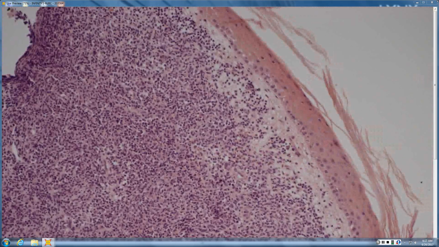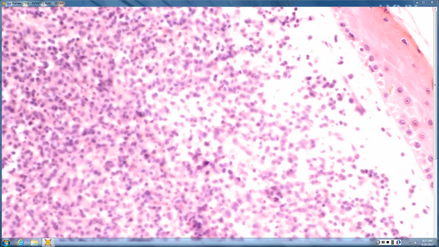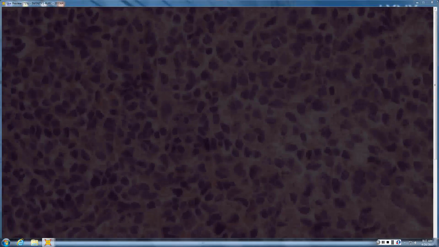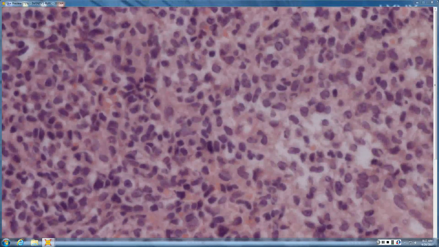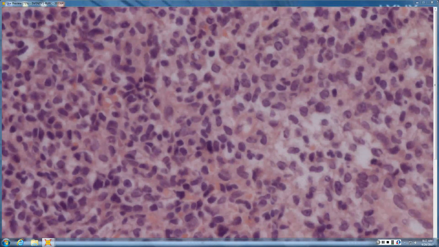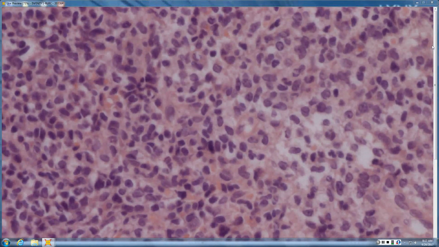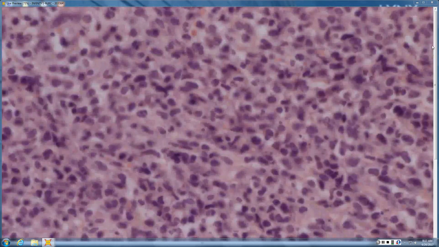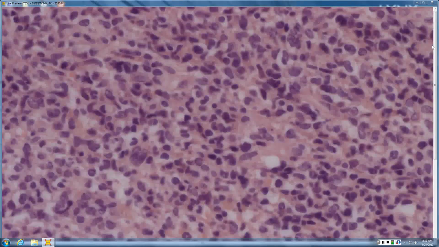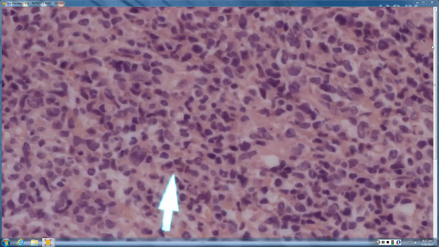So there seems to be a grenz zone. Once again, they have that big grayish kind of nuclei, although there's no prominent nucleoli, and they're on a background of cytoplasm.